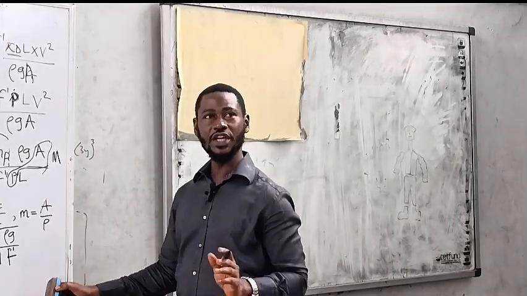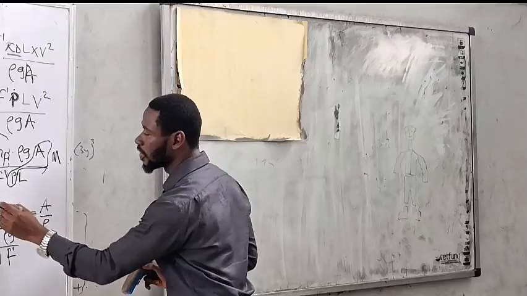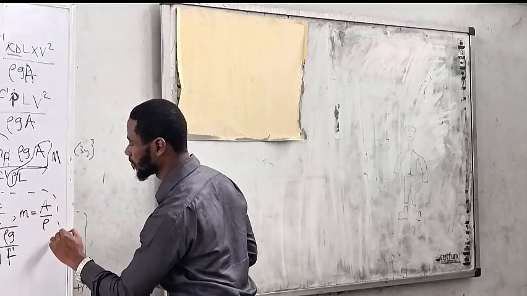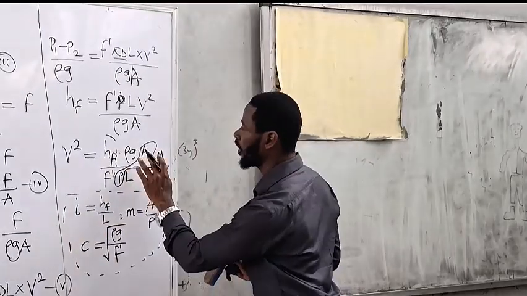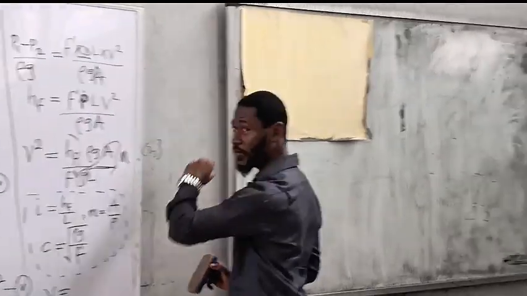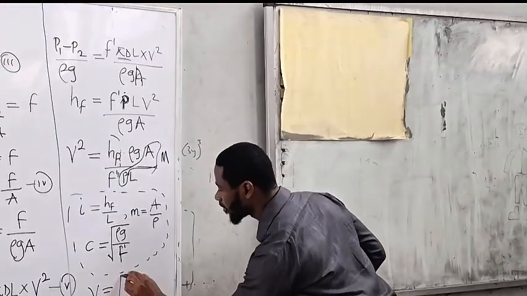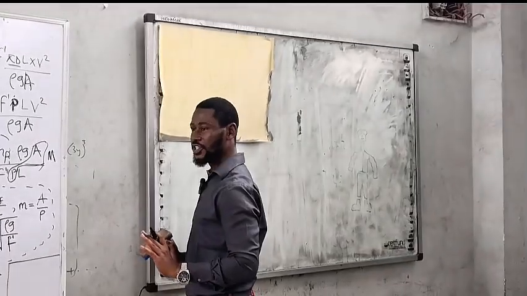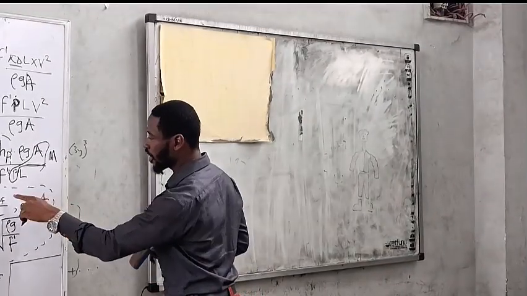Now let's go back to the equation and substitute these three terms into V. You know V becomes what? V equals square root of everything. So let's differentiate it now. Square root of what?